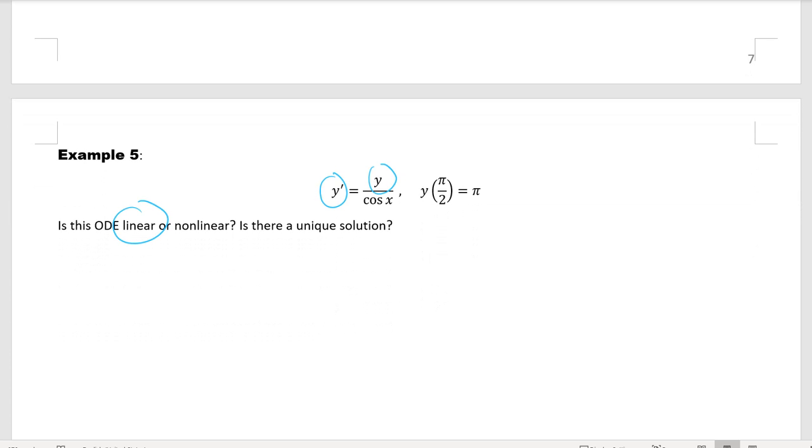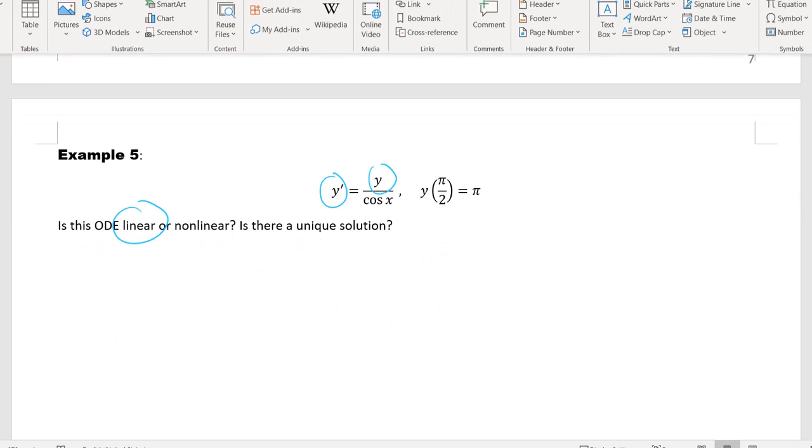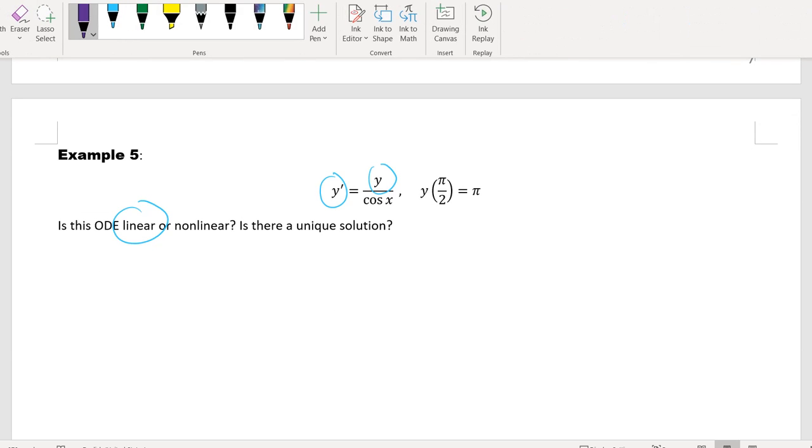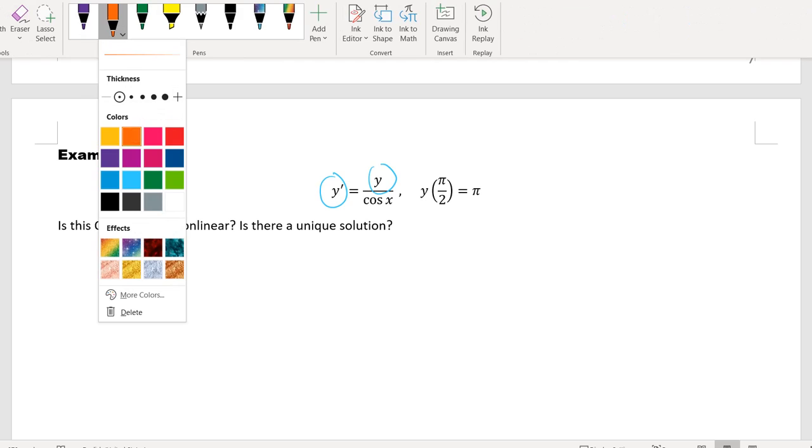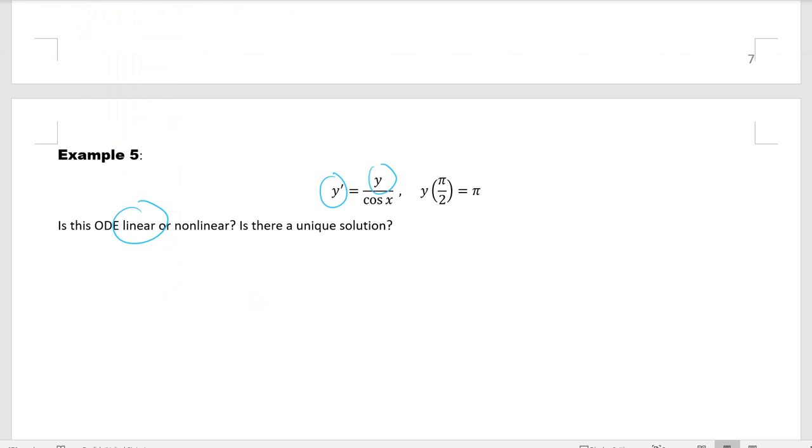Is there a unique solution? Okay, let's check. Okay, first step, what is that? Standard form. And yeah, it is in the standard form.